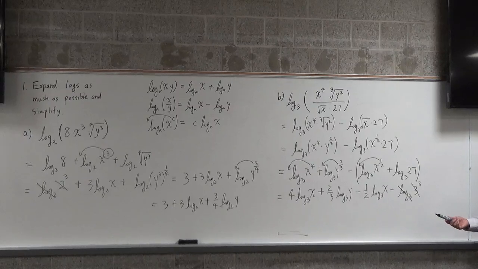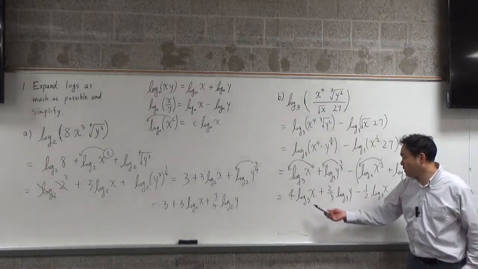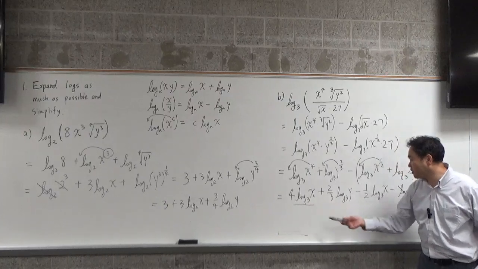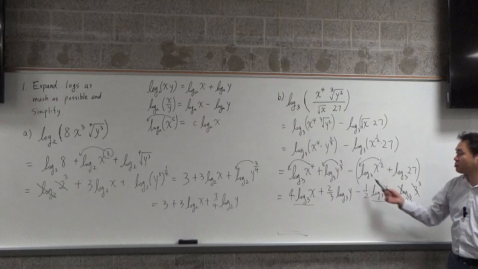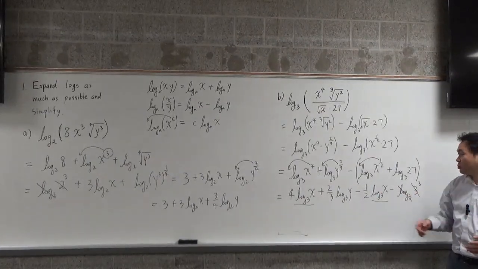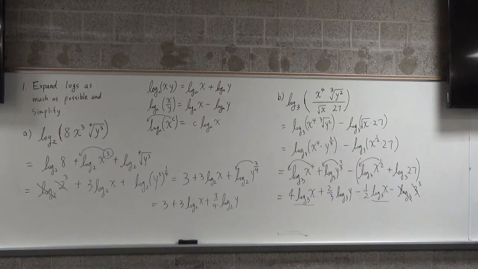Okay. So eventually we can cancel these two, log 3 and 3, but there's another simplification you can do. What can you do here? It's the fact that I see a log 3 of x and log 3 of x. So these two are like terms, right? Which means you can combine them. Which means you can do 4 minus 1/2. 4 is 8 over 2. 8 over 2 minus 1/2.